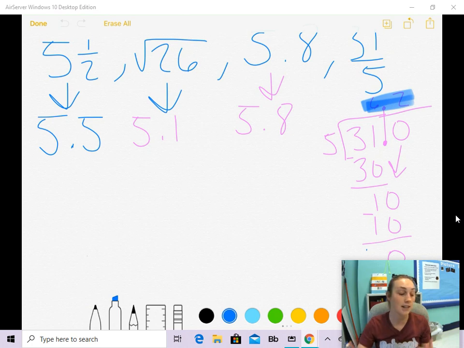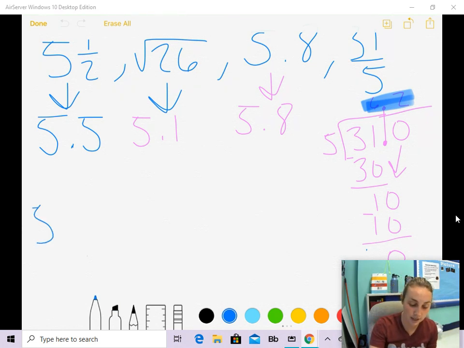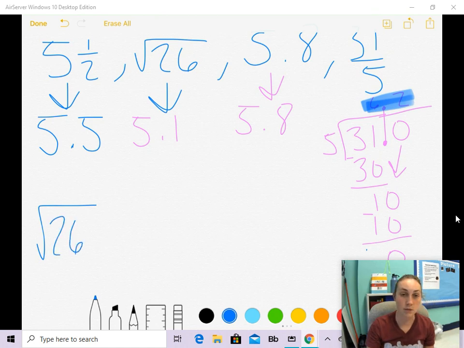Now that we have them all in decimal form, we can put them in the correct order. In this particular case, we're putting them in ascending order from least to greatest. The smallest number is going to be 5 and 1/10, which is actually the square root of 26. Let's rewrite it in its original form, square root of 26, and mark that one out.